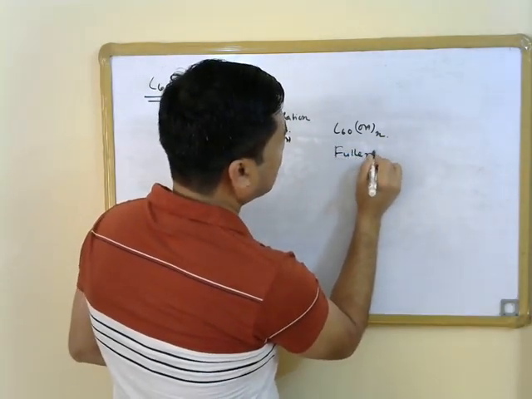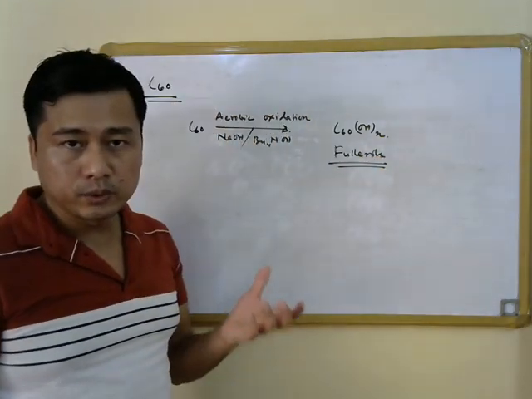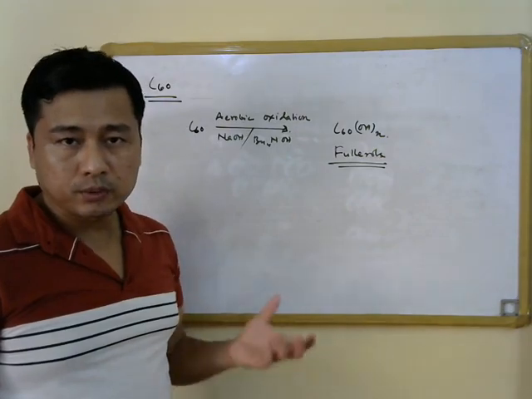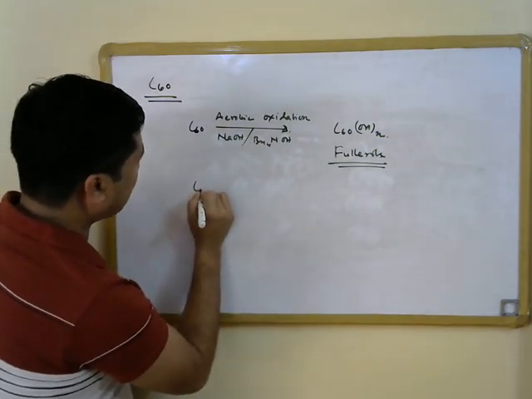One can also make fullerols by doing a hydroboration reaction. We learned about hydroboration in the last lecture while discussing boron chemistry.